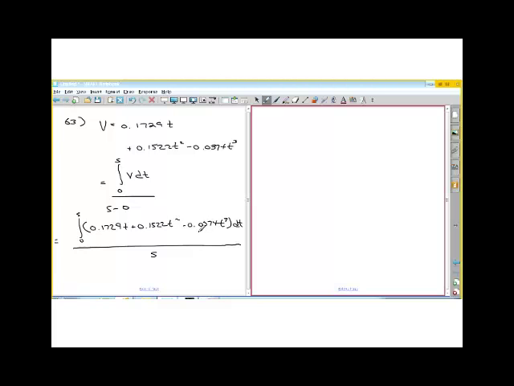Now, luckily, because this is a polynomial, we're only going to have to evaluate it at the upper limit, which is nice. So let's just write out the integration.